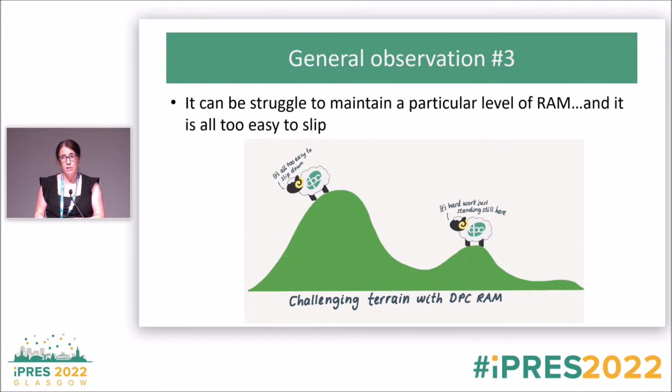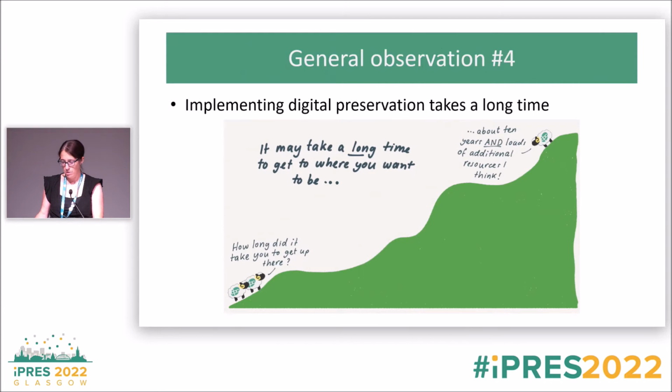It can be really hard work standing still on a windy hilltop and not slipping downwards, particularly in the middle of a global pandemic. This 3 years of data collection with RAM has largely been in a global pandemic when priorities for every organisation have changed. So yes, there can be challenging terrain with DPC RAM, we've found.